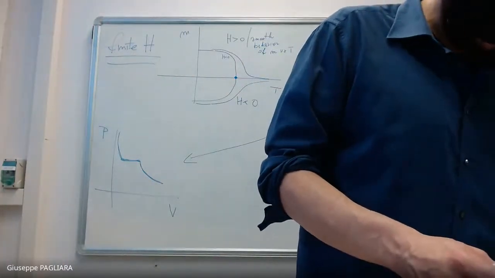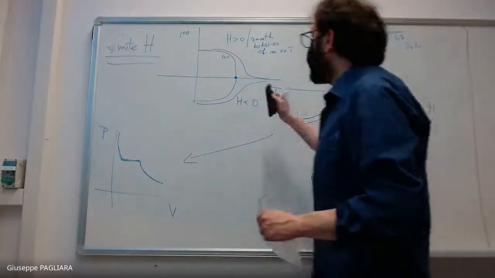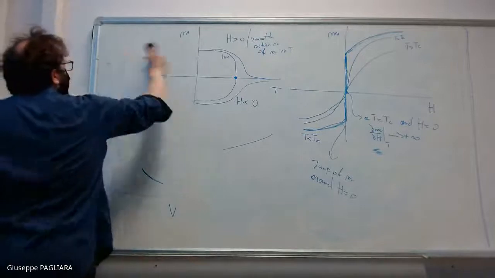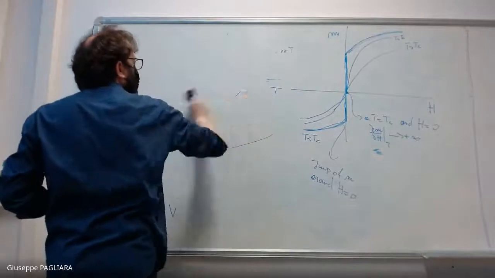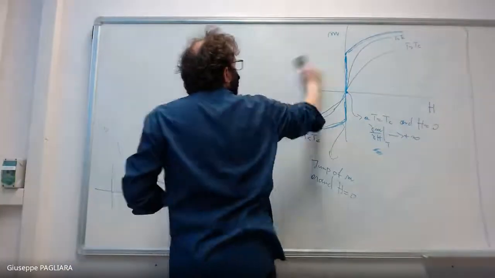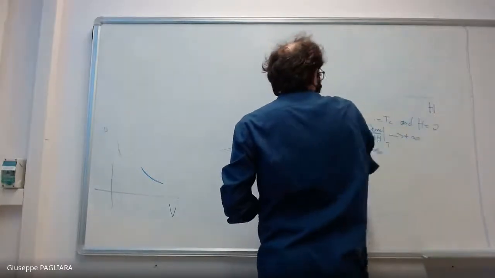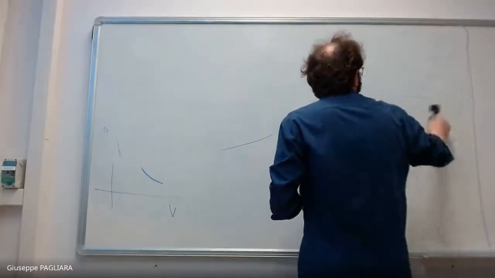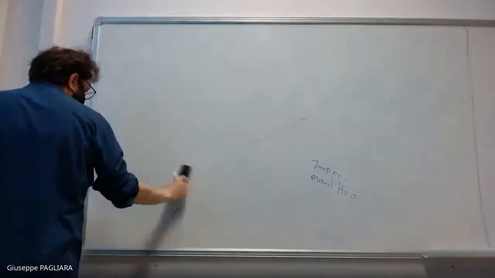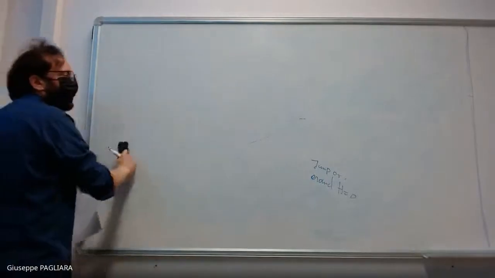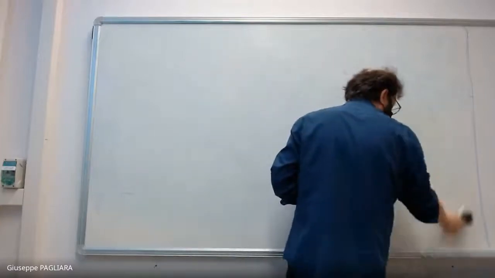So let's study in more detail the behavior around the critical point, around the critical temperature. We have seen the scaling of the order parameter, which is m, as a function of small t. And now we will do the first derivative and see that we start to find divergences, which are actually the signals of phase transitions.